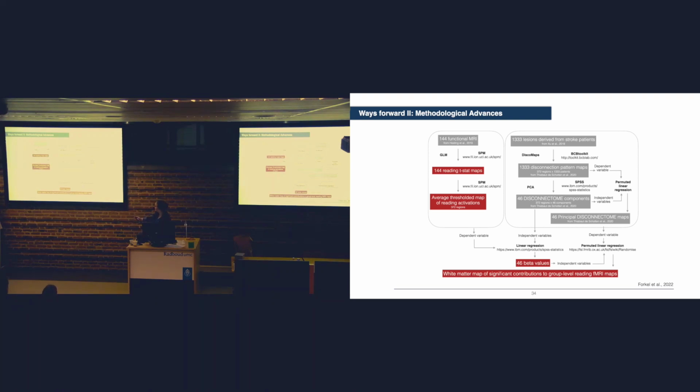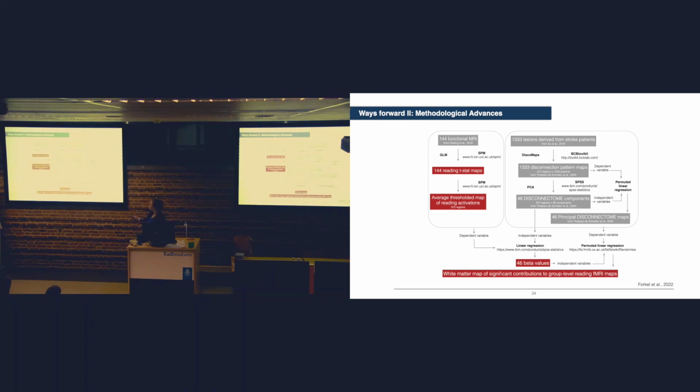Now, on the other side here, we started with 1,333 stroke lesions that my colleague used to create disconnection pattern maps, meaning that he used the lesion, put it into a software to see which white matter connections were affected, and then you get a map of all the white matter damaged by a given lesion.